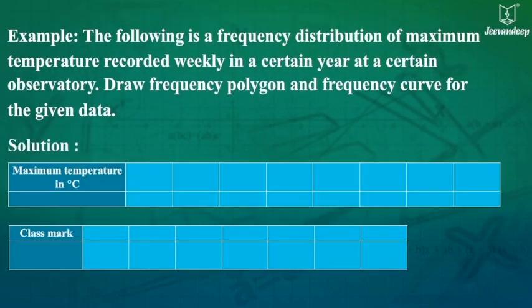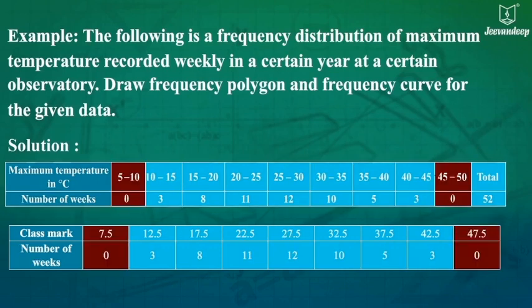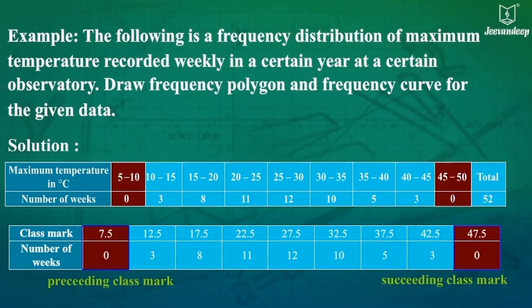Maximum temperature in degrees Celsius. Number of weeks. The class marks for the given data, along with two additional ones, that is, preceding and succeeding ones, are as follows.